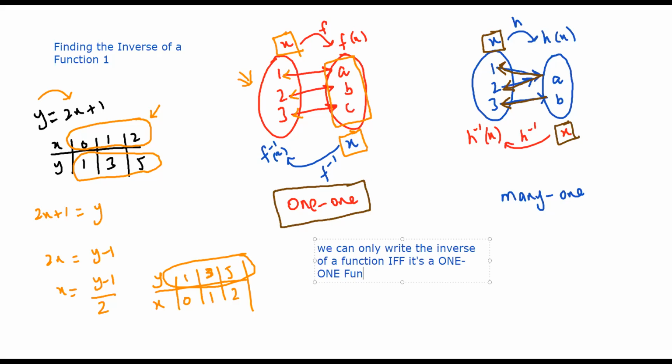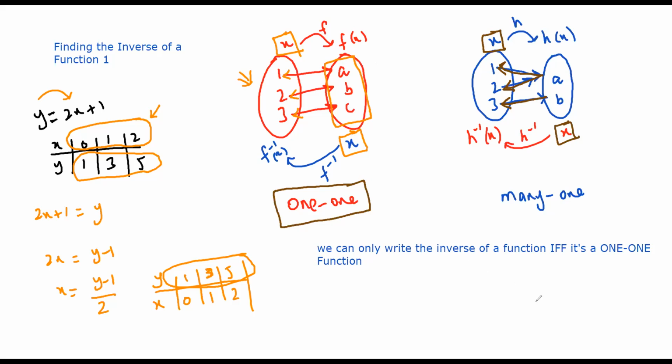Okay. So that is a condition that should be satisfied. If you want to write the inverse of a function, it has to be a one-to-one function. Otherwise, you cannot. Okay. So remember, when you have to write the inverse of a function, it has to be a one-to-one function.